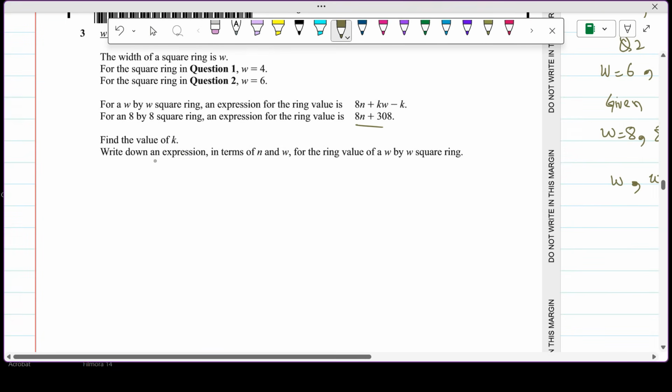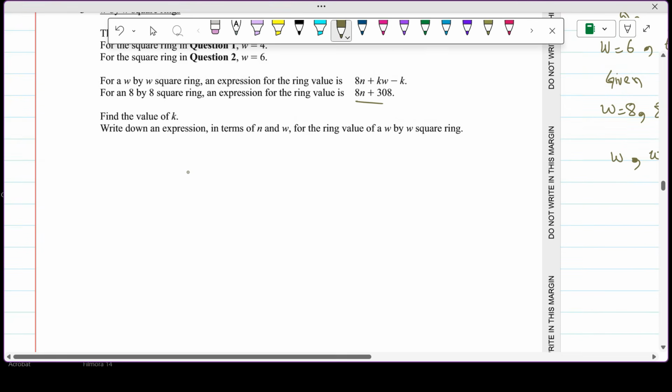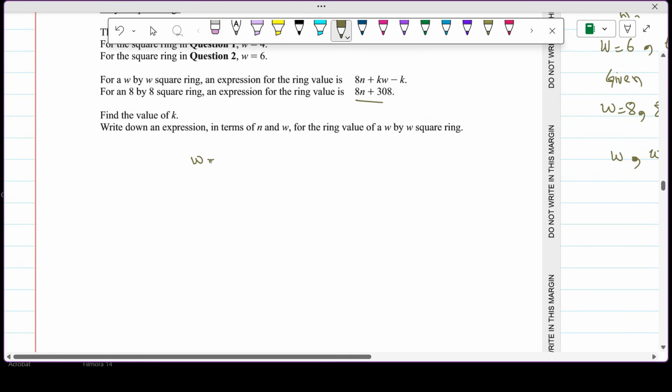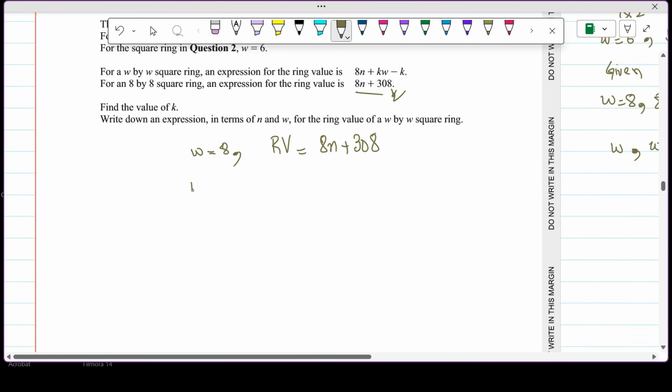Find the value of k. Write down an expression in terms of n and W for the ring value of the W by W square ring. It is given that for width 8, the ring value expression is 8n plus 308. For the width of W, we have the ring value expression which is 8n plus kW minus k.